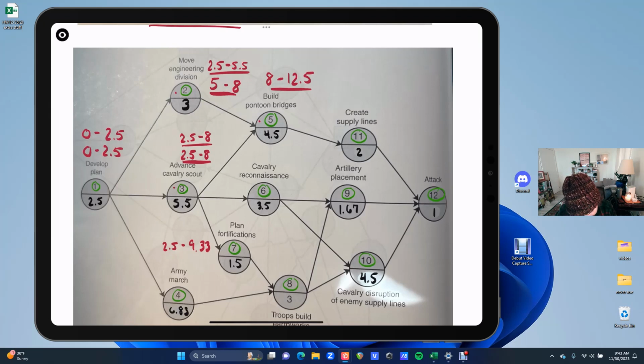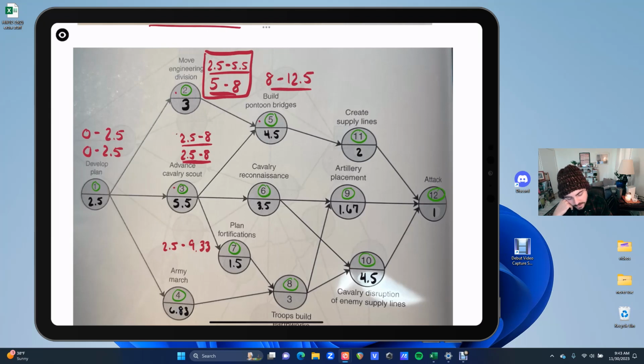Let's see if I can do a couple more. I'm not going to do this whole thing on account of how time consuming this already is. The biggest thing: so far we know activity 1 is critical. Activity 3 is critical. Activity 2 is not critical, because it has slack time, because the earliest start and finish is not the same as the late start and late finish.